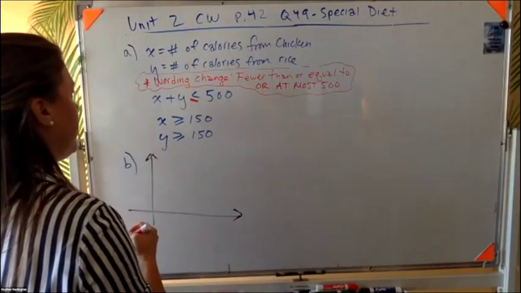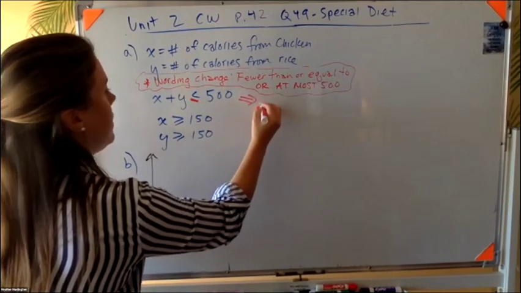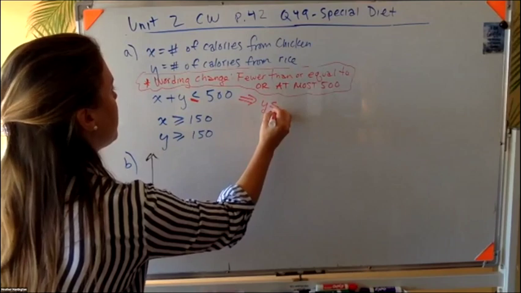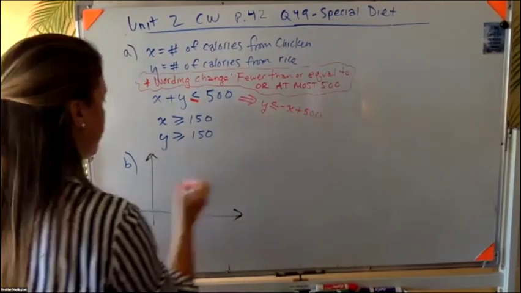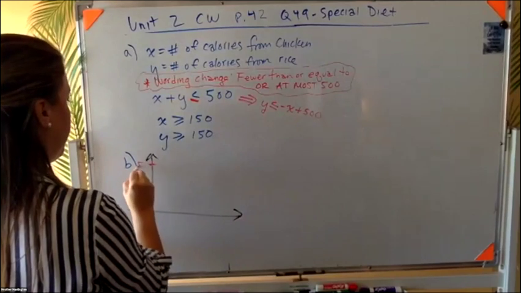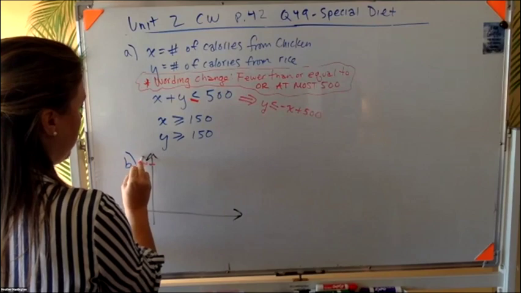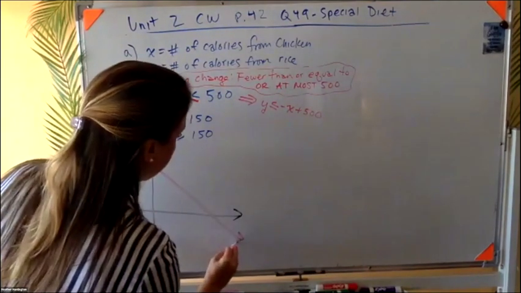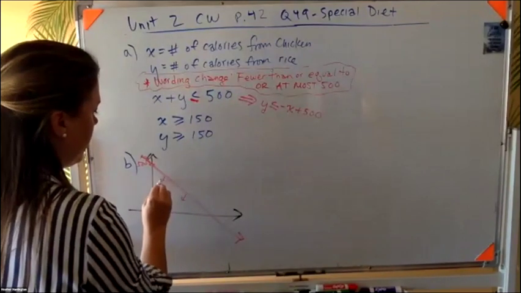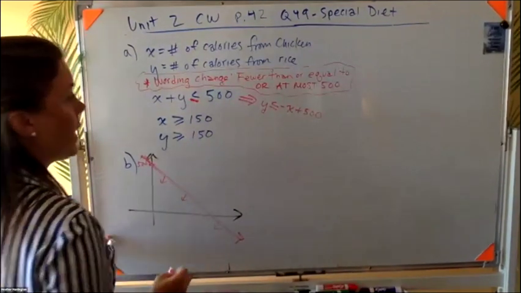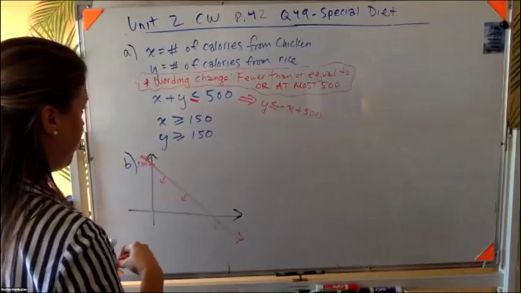X plus Y is the same as saying Y is less than or equal to negative X plus 500. So we're up here at 500, going down 1 over 1, down 1 over 1. If you use a test point, you learn that you're going to be shading in this direction. That's the half plane that is the solution of that.